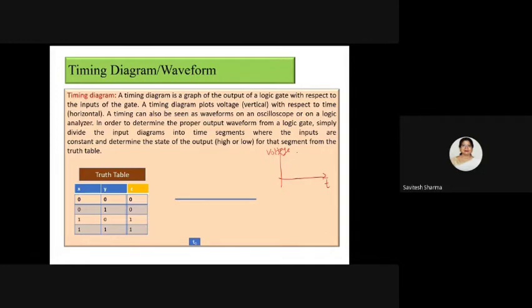How do I convert my information into the form of a timing diagram? Please try to understand. I will draw a time axis and represent T0, T1, T2, T3. How many states am I showing in the truth table? There are a total of 4 states.